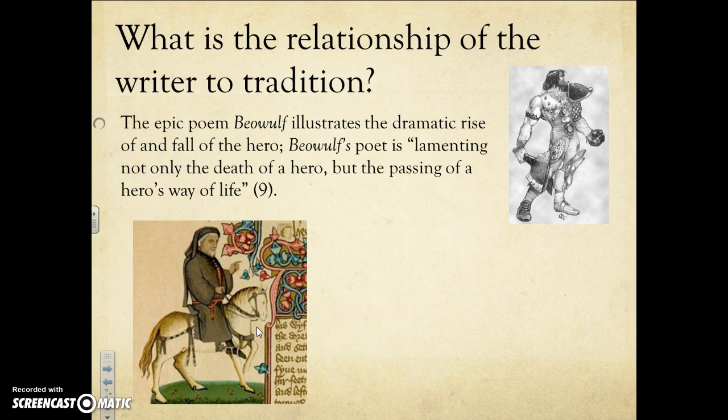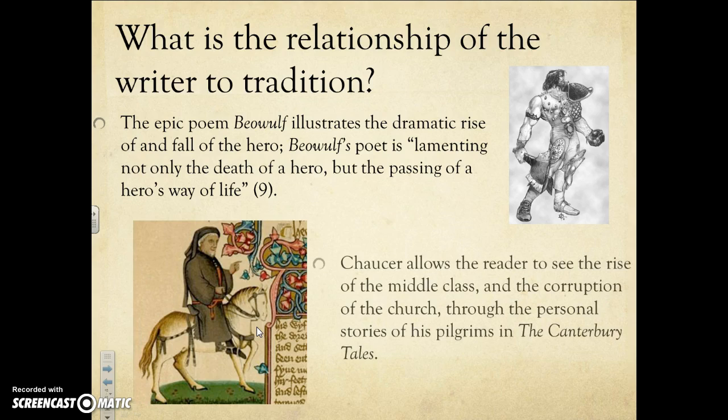So the sadness and the anguish felt by the people when their great hero is lost. Chaucer, on the other hand, was much more critical of what he was seeing in society. Through personal stories of his pilgrims in the Canterbury Tales, he talks about corruption of the church, the rise of the middle class. He shows a real evolution in what the written language did over really only 400 or 500 years.